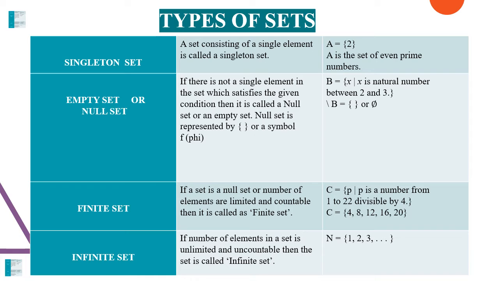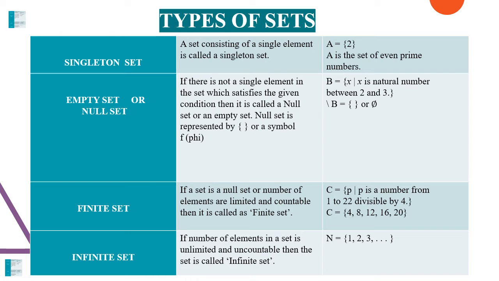And the last one, infinite set. Again here, the word infinite itself tells us that the set is not in a fixed quantity or a fixed amount, correct, or a fixed number. Therefore here, example given is N, which stands for natural numbers, is 1, 2, 3, and so on, because here the natural numbers can go on till infinity.